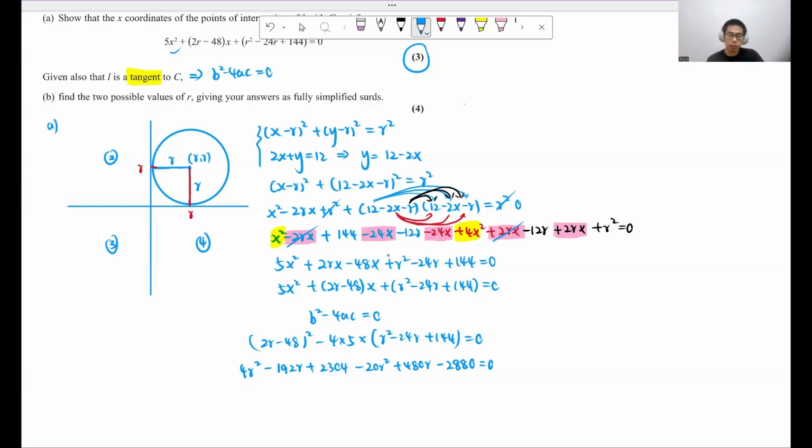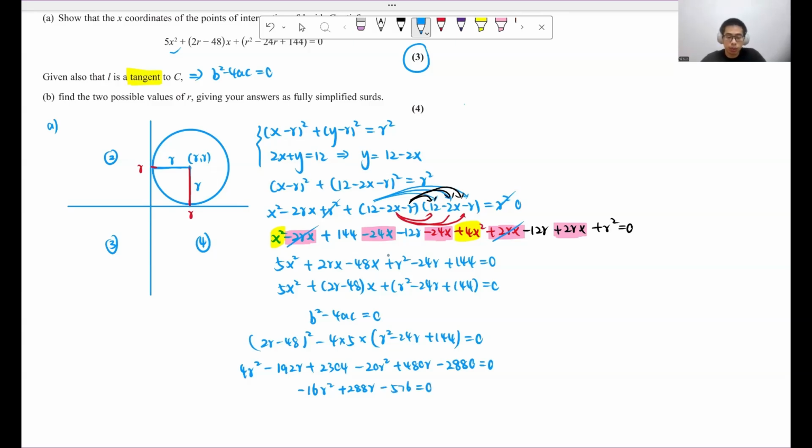Simplifying: 4r squared minus 20r squared is negative 16r squared, negative 192r plus 480r is positive 288r, and 2304 minus 2880 is negative 576, equal to 0.